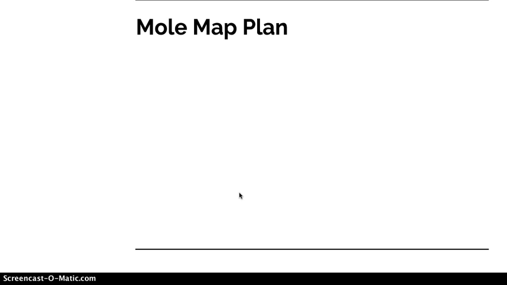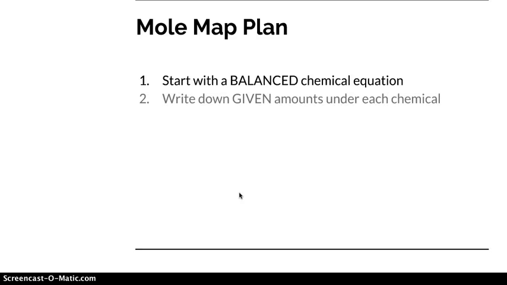So here's our plan for when we set up these problems. We, again, always need to start with a balanced chemical equation. If it's not balanced, balance it. Sometimes you might have the words in a word equation and you need to write the formulas for it, and if that's the case, then think really hard about how to make those formulas and then balance the equation. Then I'm going to write down the given amounts under each chemical.